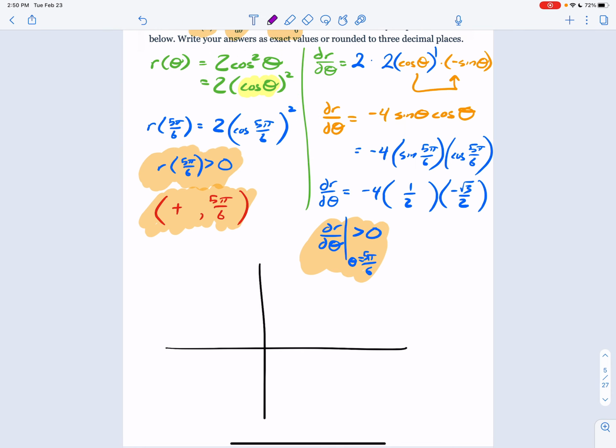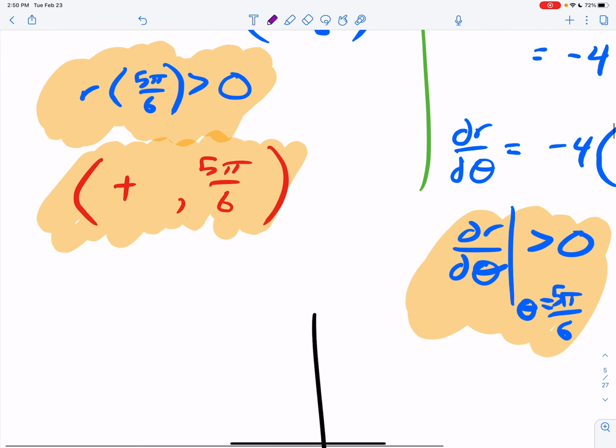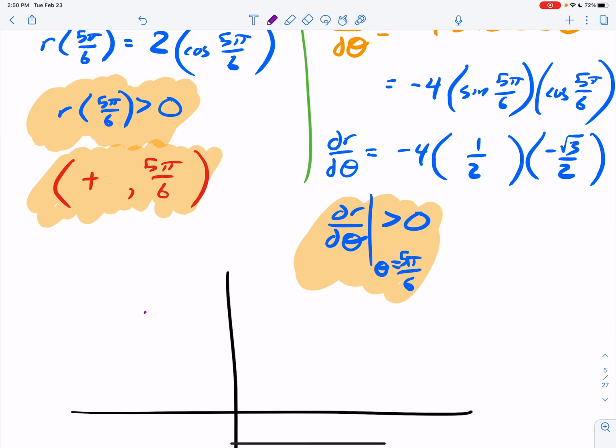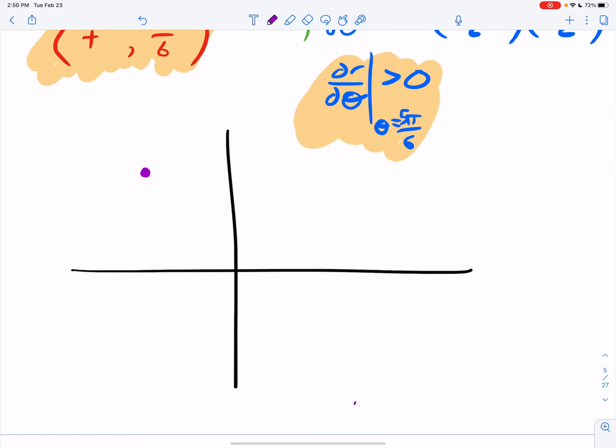At 5 pi over 6, you're in quadrant 2. I noticed that because 5 is 1 less than 6, and that angle is in the second quadrant. That plus tells you to stay in that quadrant. If it was a negative, you would hop over to its opposite quadrant, which is quadrant 4. If you need to review that concept, go back to notes number 1 real quick.